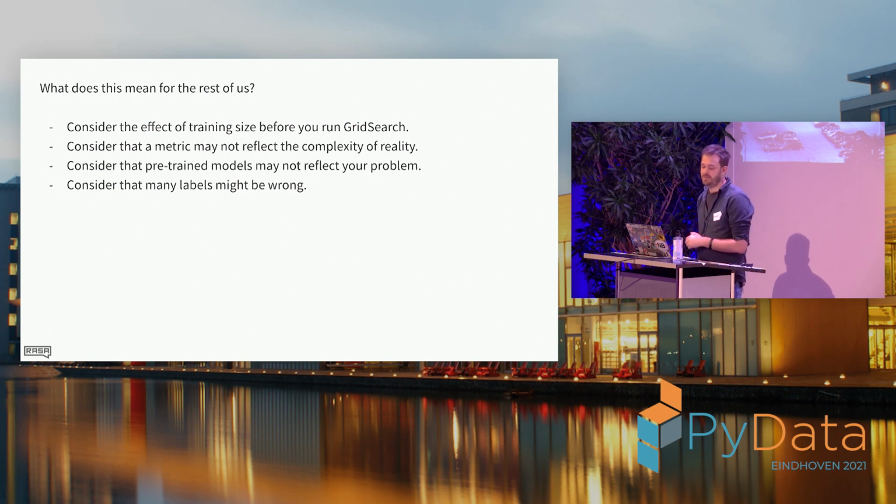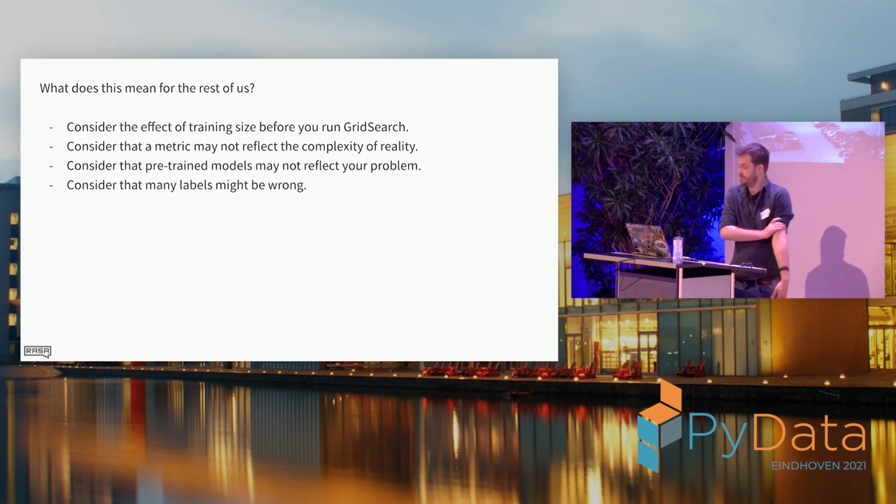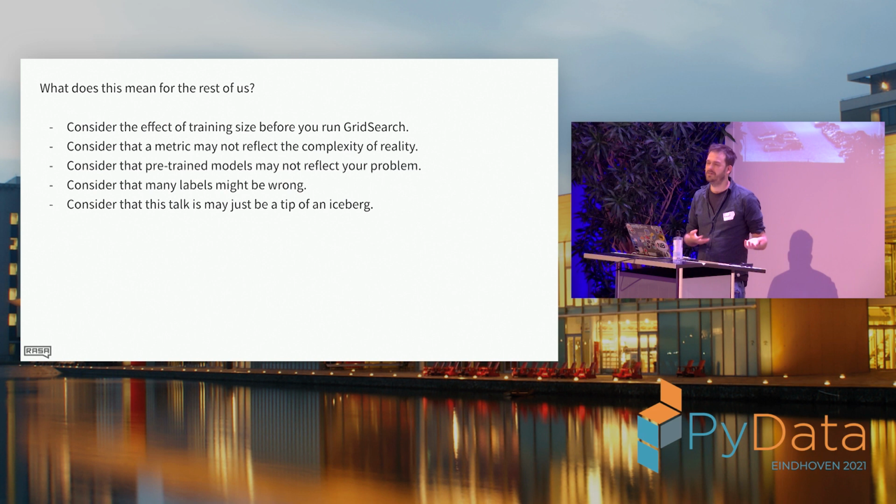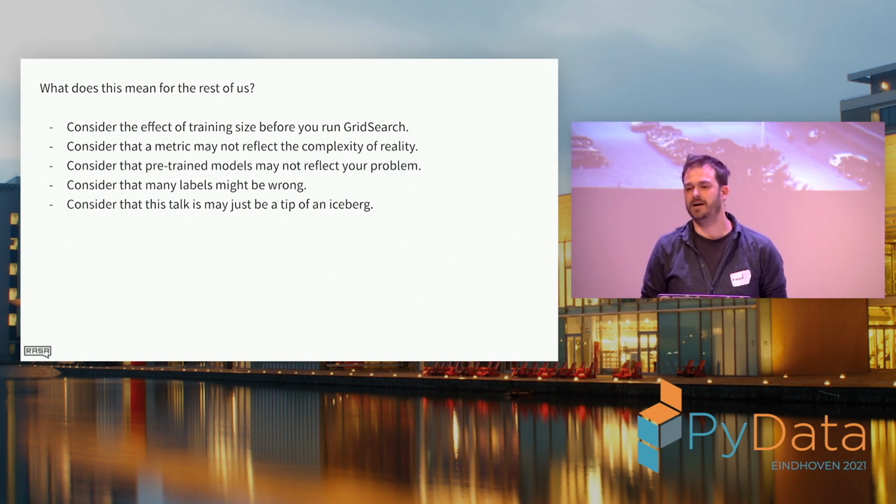Also, pre-trained models might not reflect your problem, especially because they might be trained on wrong labels. I would like everyone to consider doing this finding-bad-labels exercise on their own data set. Moreover, everything I've discussed in this talk might just be the tip of the iceberg. I've not talked about fairness and bias issues. That's also a huge topic that we're going to have to talk about, right?